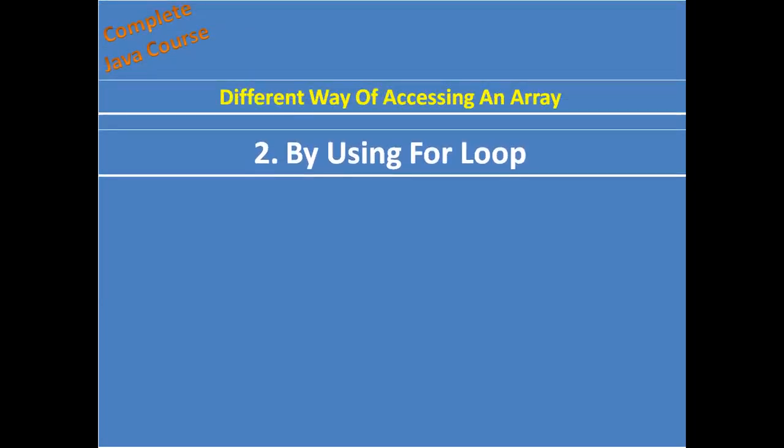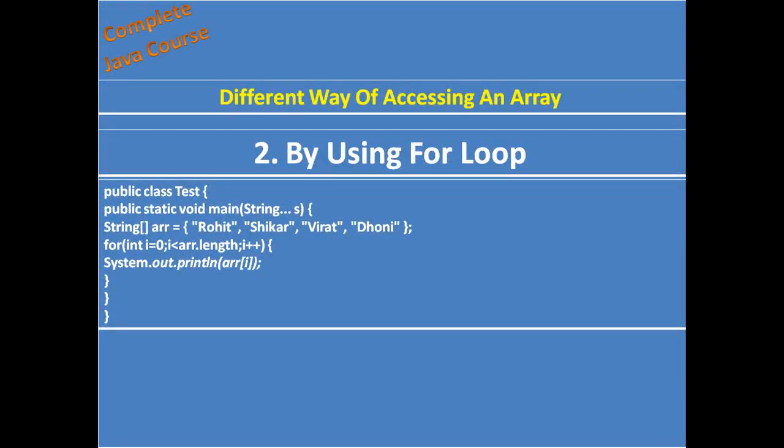Now the different way of accessing an array. Number 2, by using a for loop. Here we can access the array by using the for loop. We create a test class, we define a string array, and with the help of the for loop, we define an integer variable initialized with 0.